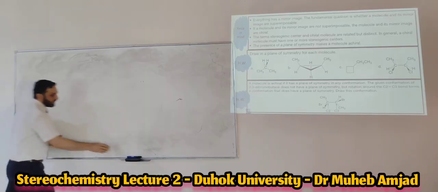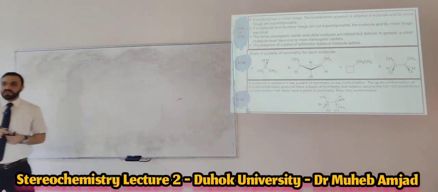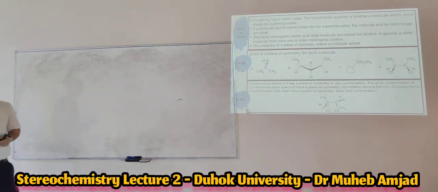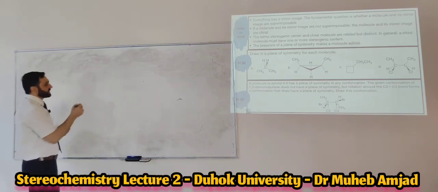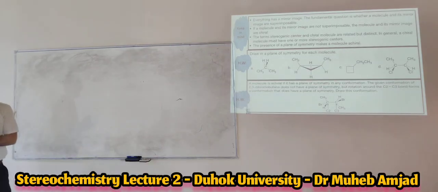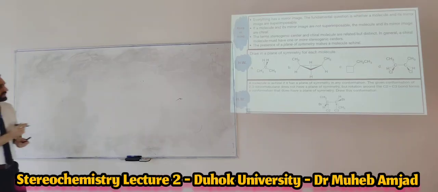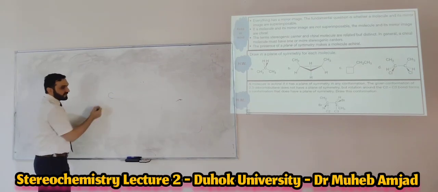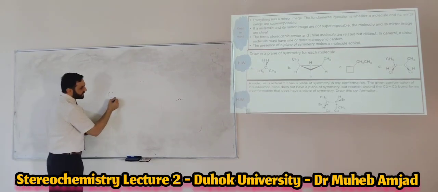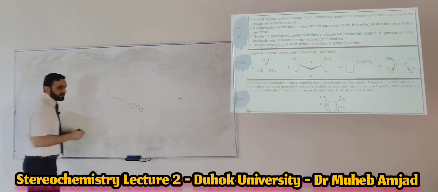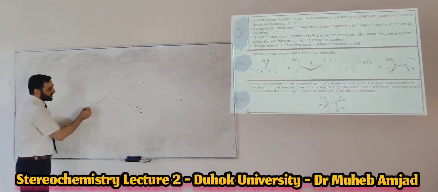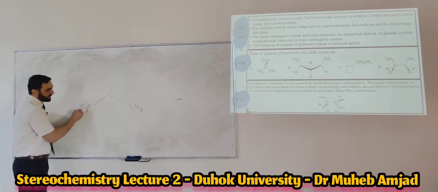I will just show you how to draw the plane of symmetry. Look, for example, this carbon, and this has a CH3 group, and this also has a CH3 group.